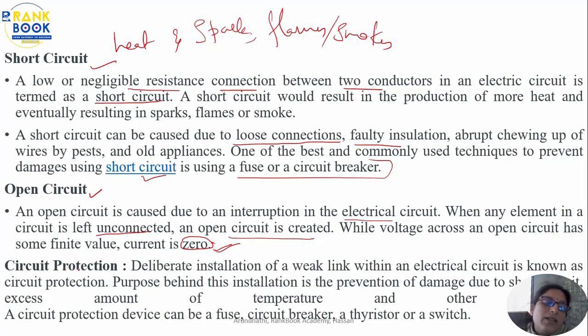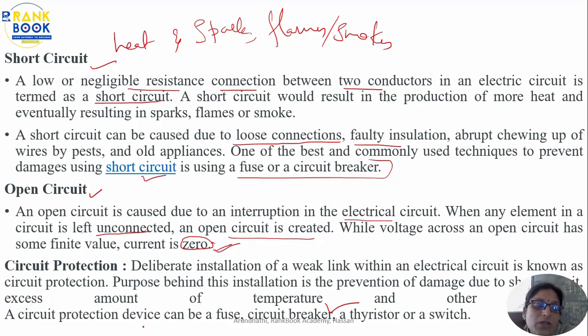So how do we protect the circuit? The deliberate installation of a weak link within the electrical circuit is known as circuit protection. The major purpose behind this installation is to prevent damage due to short circuit and excess temperature.